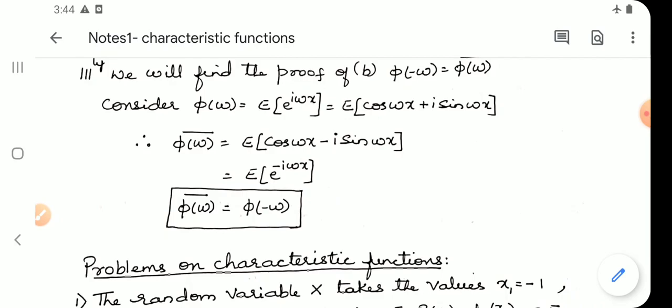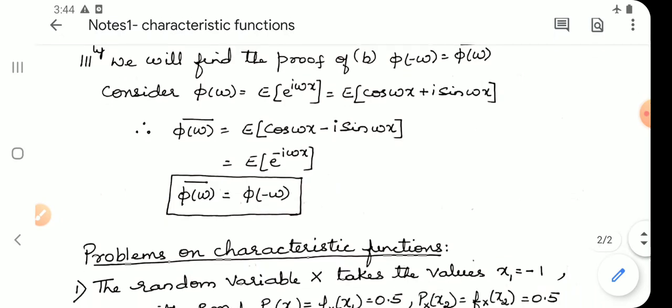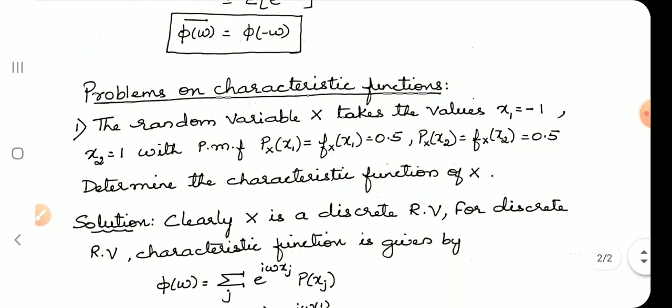So, let us clearly understand this characteristic function with the help of a simple problem. Let us see the first problem.